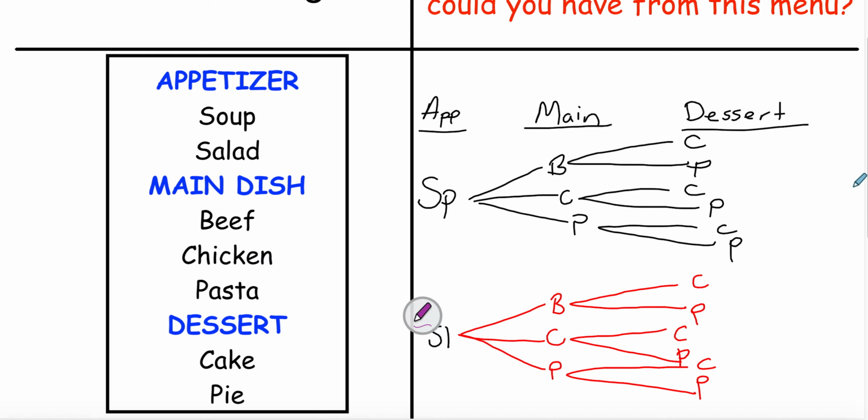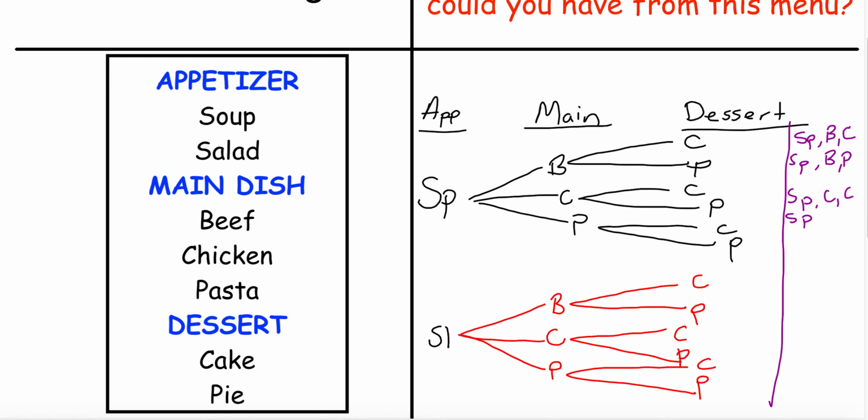My sample space then is going to be all these different options. So I could get soup, beef, cake. I could get soup, beef, pie. Soup, chicken, cake. Soup, chicken, pie. And again, sometimes it's helpful if you draw these lines as you go.